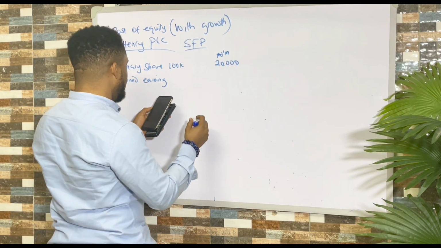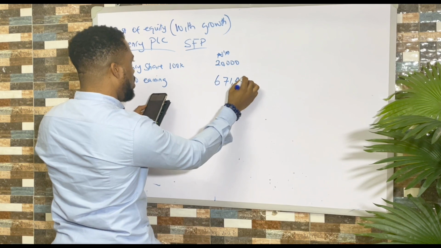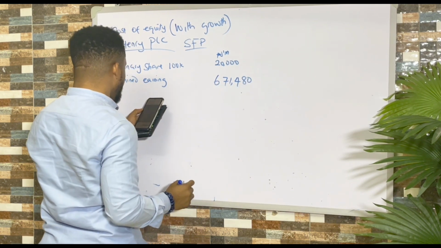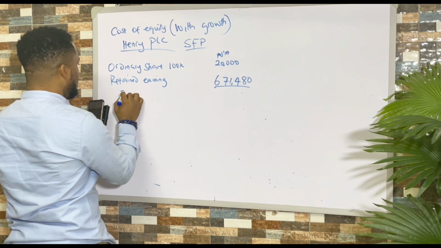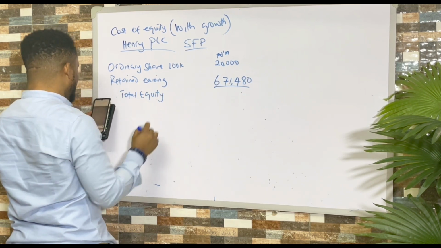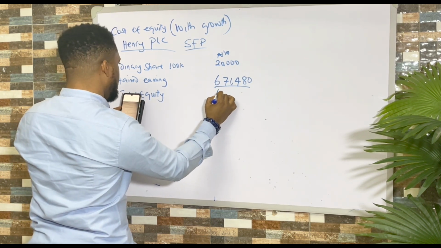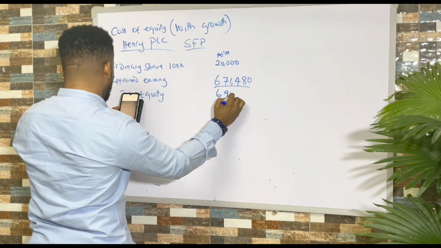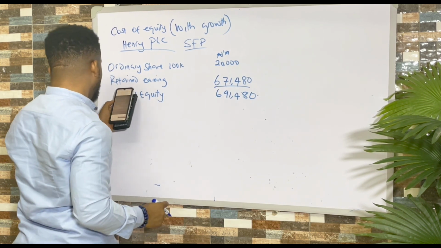The retained earning value is 671,480. And then we have total equity, and they gave us 691,480.